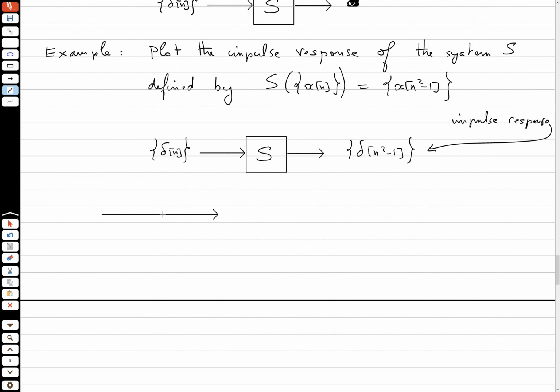You know that delta of n is like that. Can you plot this? I'm sorry, I point with my finger on my tablet, but I expect that you see my finger there. No, you won't see it? Oh, okay, so sorry. Technology is not advanced enough.